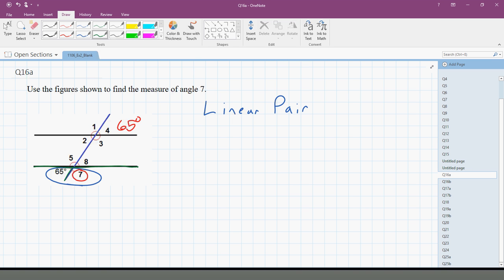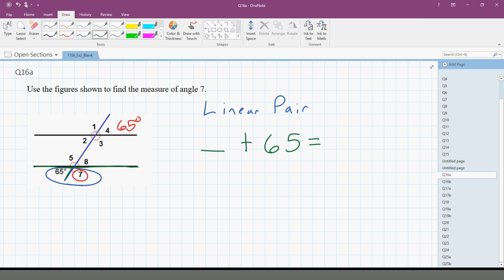So a linear pair, what do we know about their angle measures? They have to pair up and add to what? The two angles have to add to 90 degrees. Not 90 degrees.